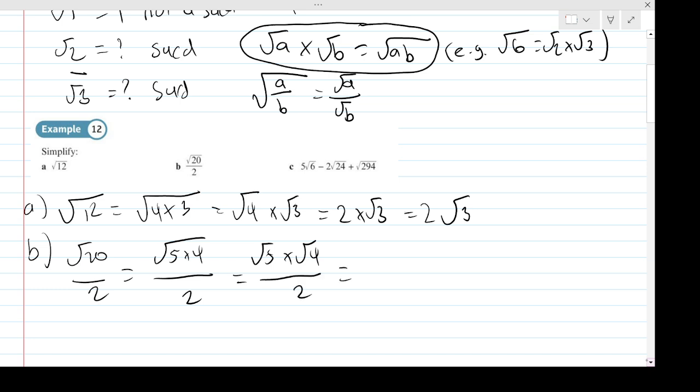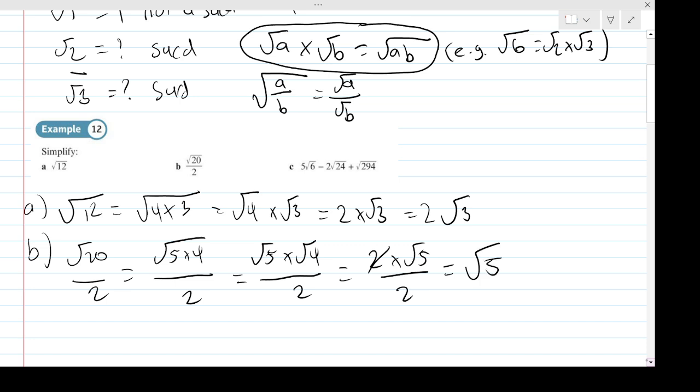And now the root 4, again like with part A, we can go to 2 times root 5, right, over 2. And so what you then notice is the 2s cancel, okay? Because we're multiplying by 2 at the top, but then we divide by 2, so it simply goes to root 5.